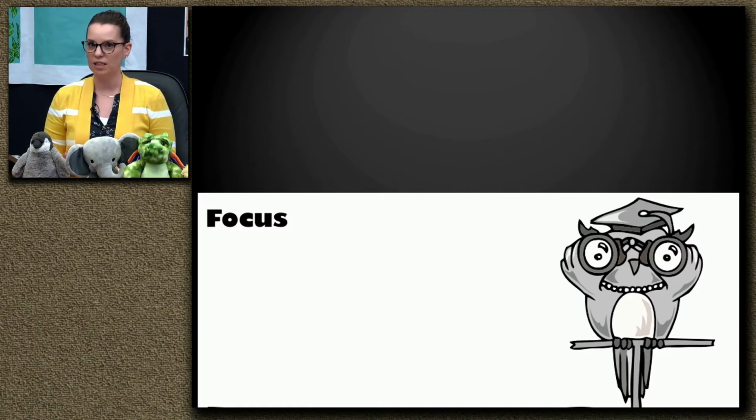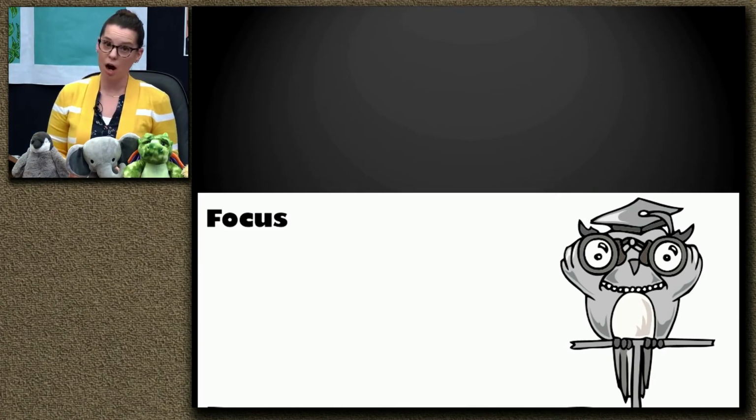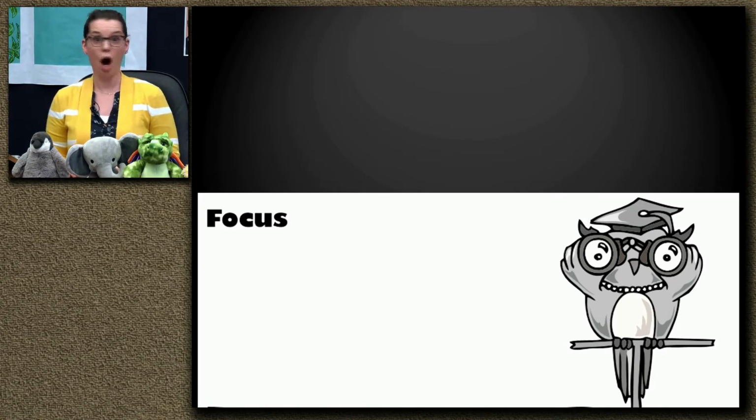We are going to continue our study of fiction texts today. You will remember that fiction texts are stories that are made up in our author and illustrator's imagination. They might seem real, but they're not. They might seem not real, and they're not.